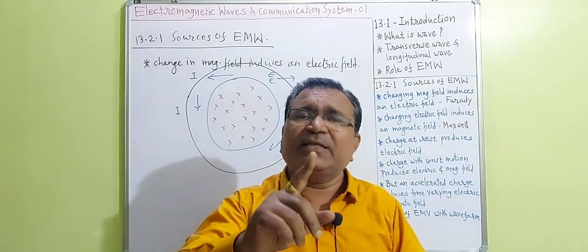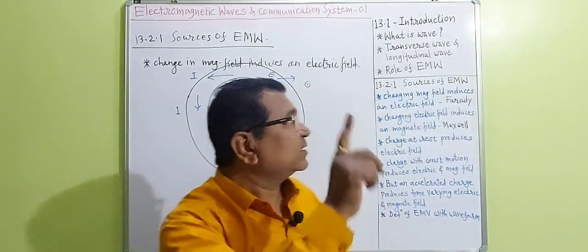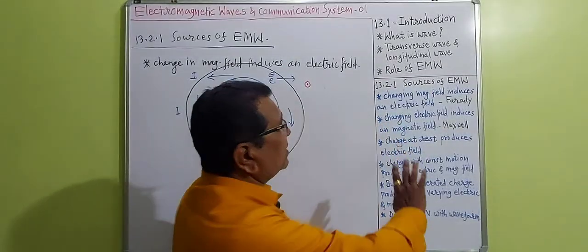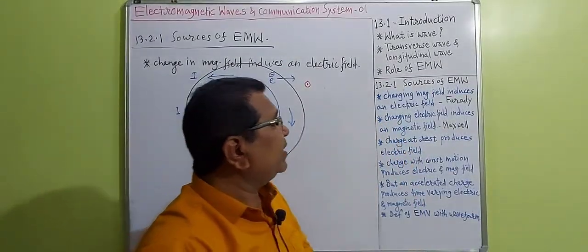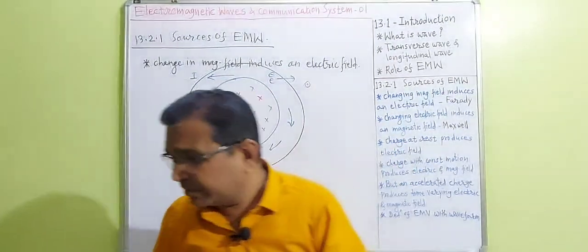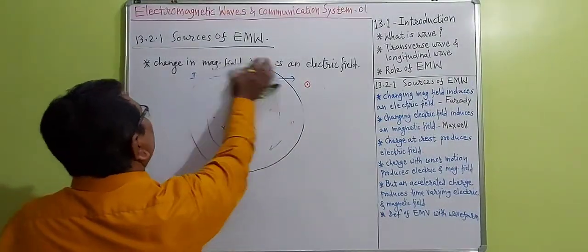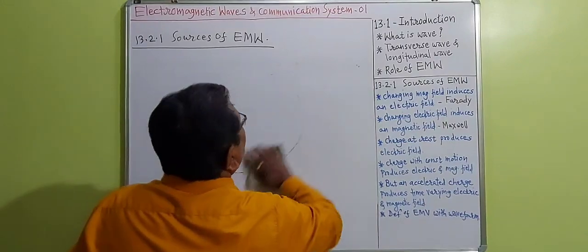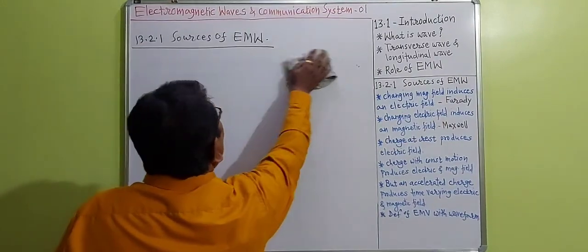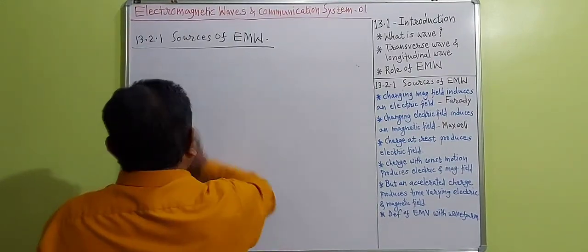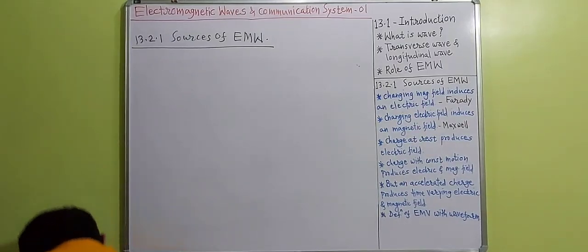So let me clean the board to explain the second sentence. What is the second sentence? Change in electric field induces a magnetic field. I will clean the board first, and then I will write here.